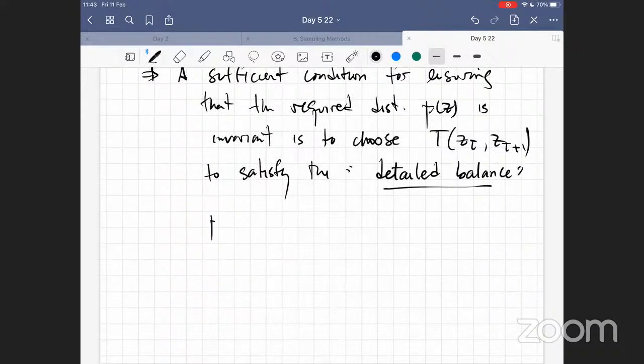And detail balance is nothing but P of Z T of Z, I will just switch a prime here, is equal to the other P of Z.